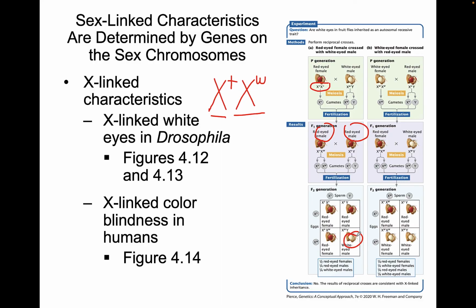So the proper terminology for males when it comes to X-linked traits or Y-linked traits would be hemizygous. And let me point out too, X-linked color blindness is also seen in females in humans as well.